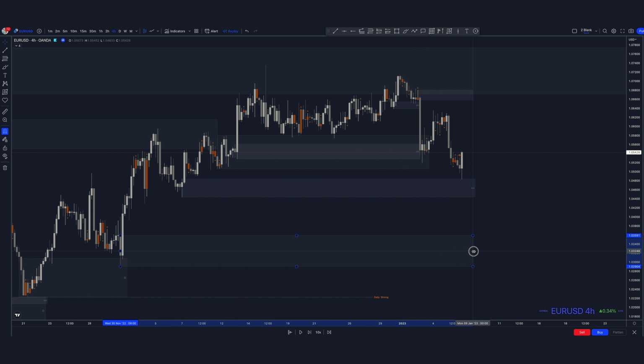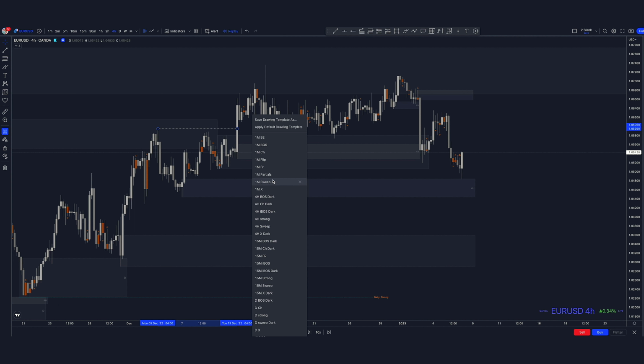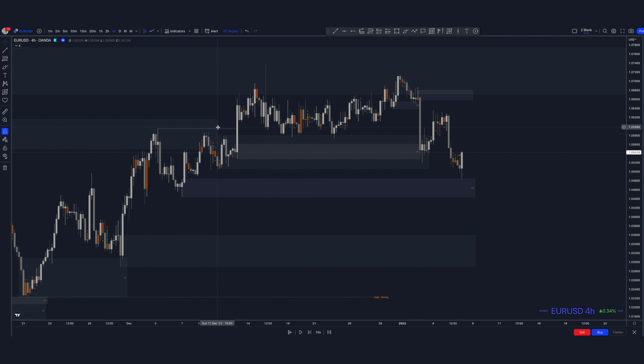I wouldn't say super strong, but since it was all the way down here of this move, and just by looking at this now, I didn't see this before, our swing 4 hour are also bullish. So let me see.